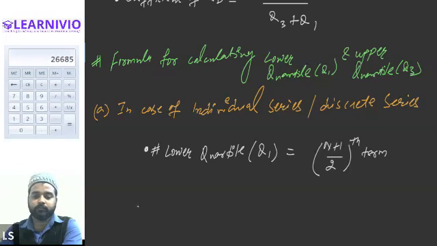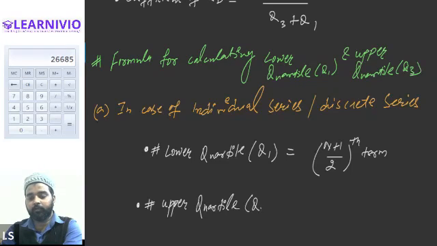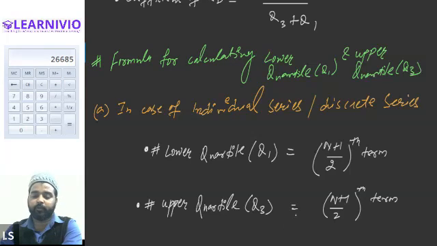And if you want to calculate the upper quartile, you will write n plus 1 divided by 2 term, because you are calculating, sorry, just a minute, let me correct this.